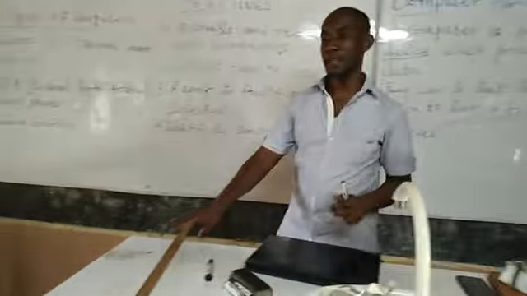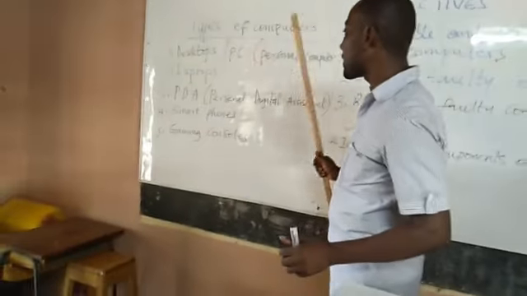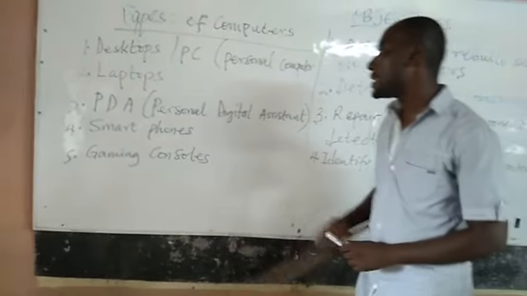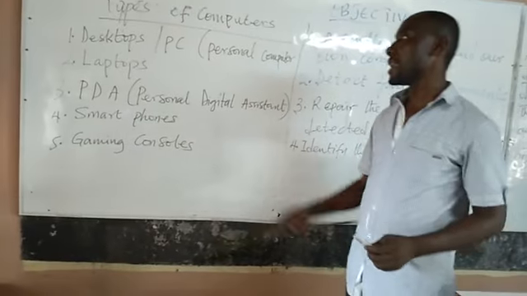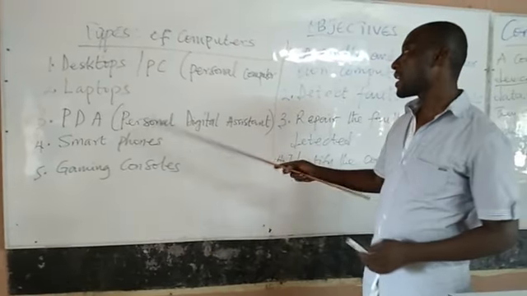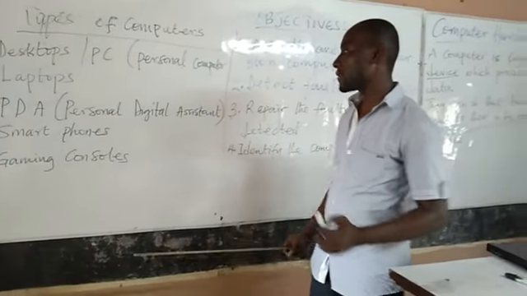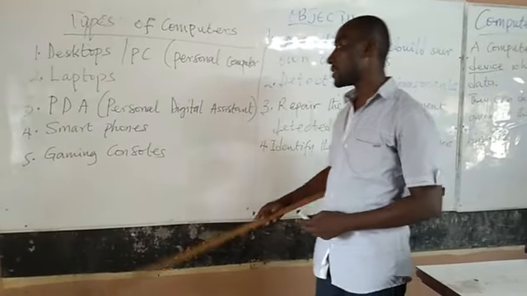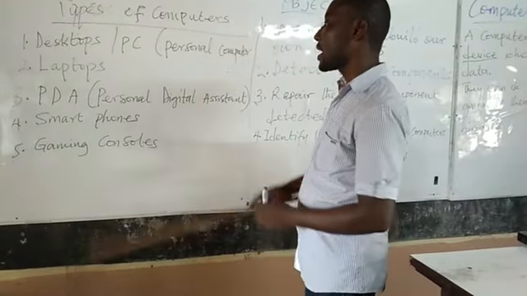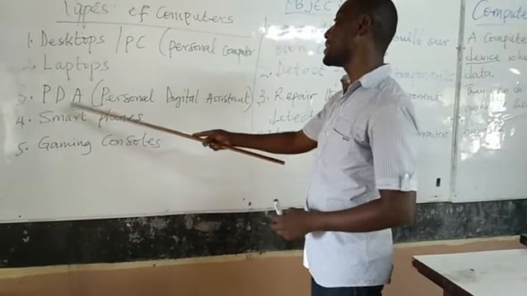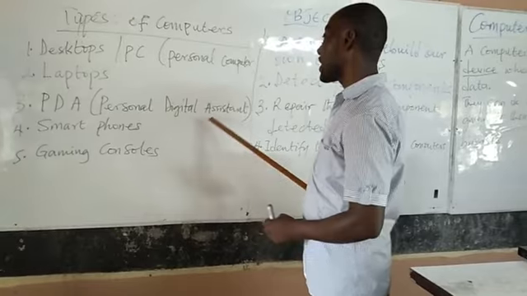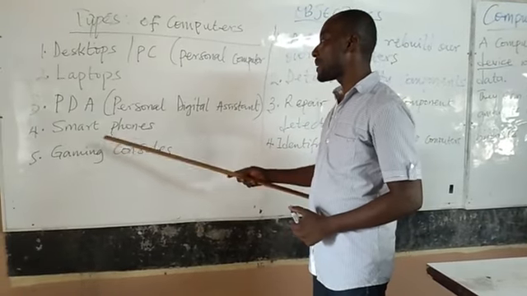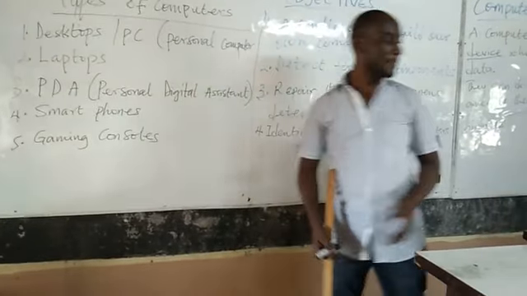Let's move on. The third one is the PDAs, personal digital assistants. Unfortunately, I don't have one here today, but I will show you one in our next lesson. Then the fourth is the smartphones.